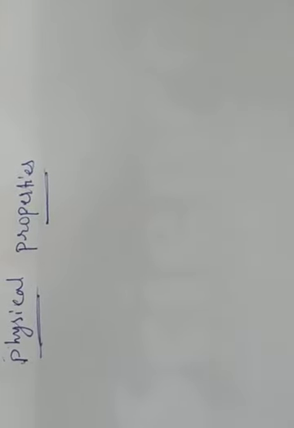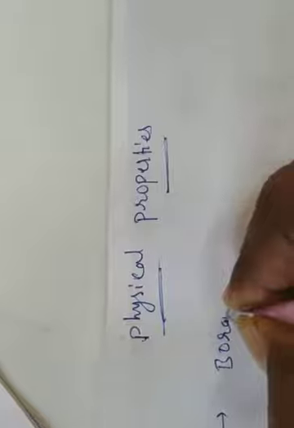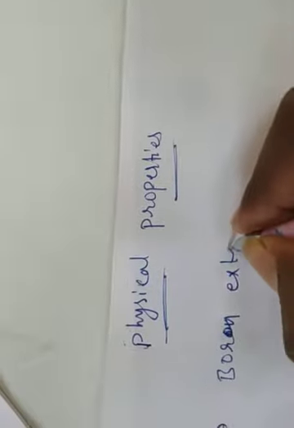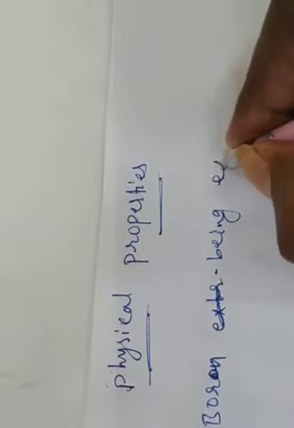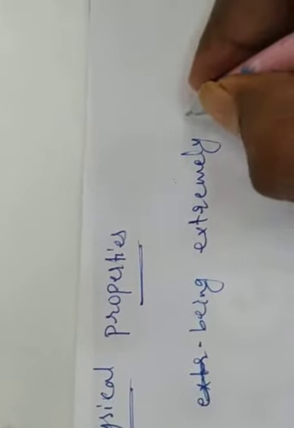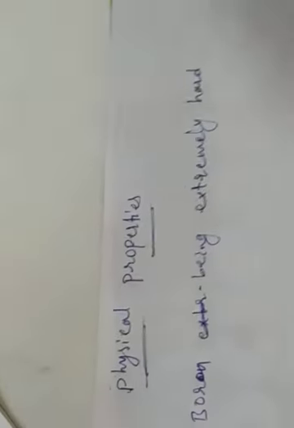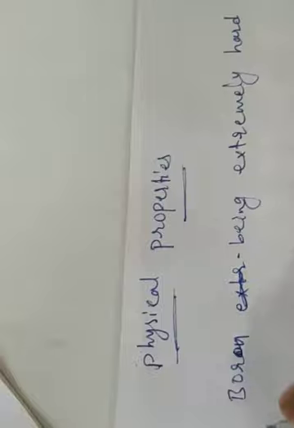What are the physical properties? First point, boron is an extremely hard solid. It is available in the solid form. Hard solid of high melting point.